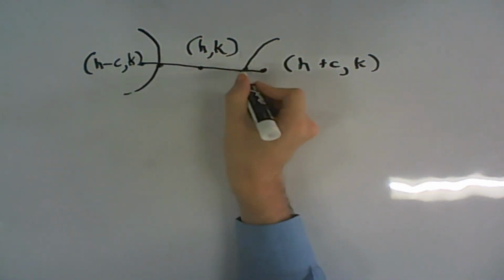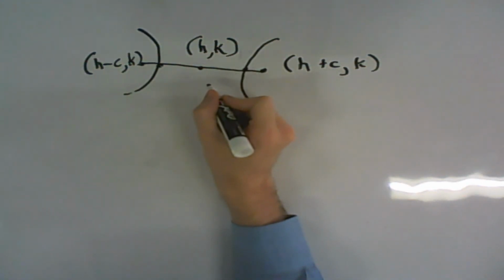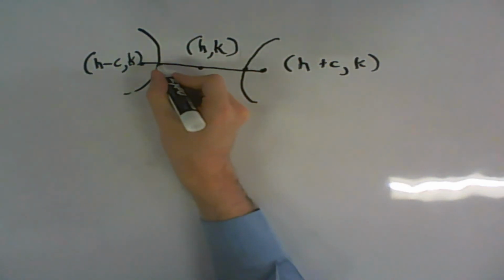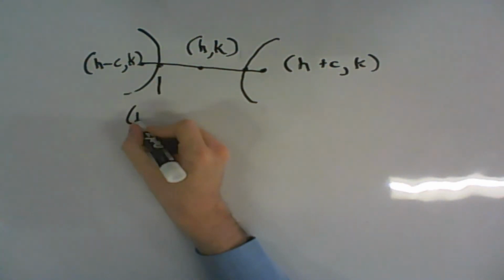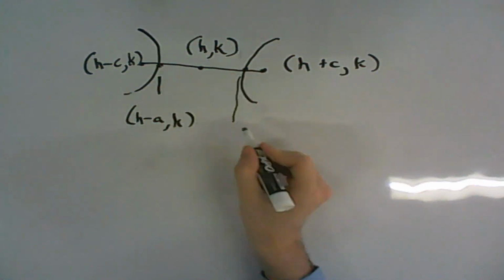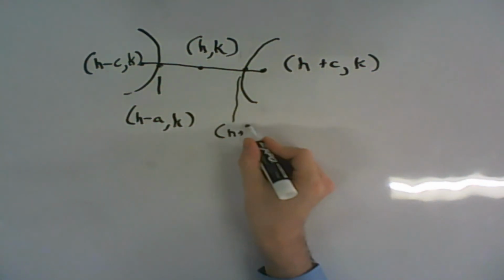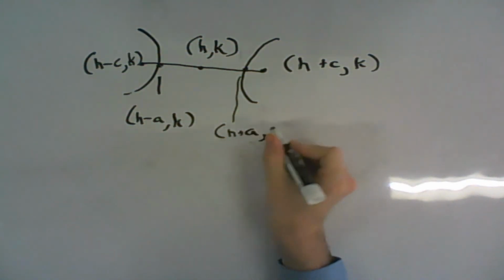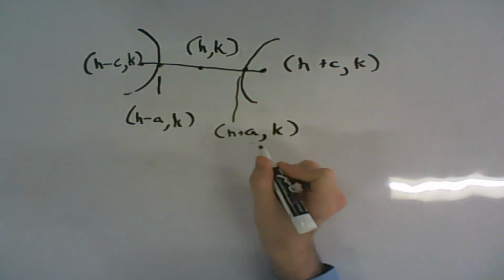Our vertices are going to have a different formula. So our vertices are going to have H minus A, comma, K, and H plus A, comma, K. Okay?